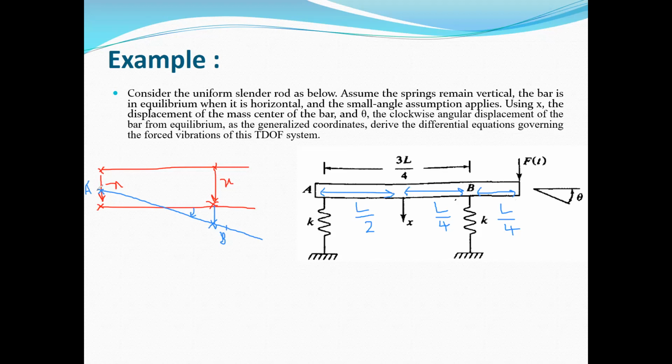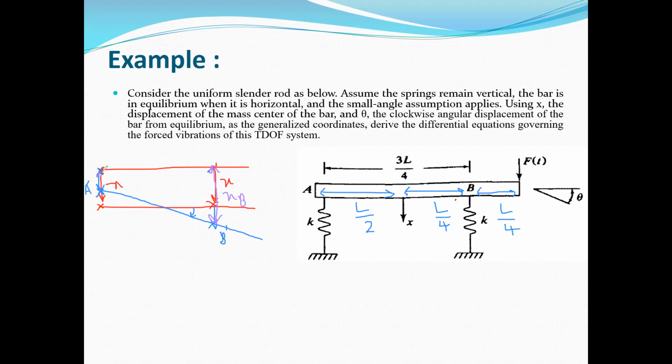Now, if you want to find this position, the position of A prime with respect to point A, in fact, this length is the displacement of the spring on the left. And this length, let me show you with another color, is the displacement of point B. So we call it XB.